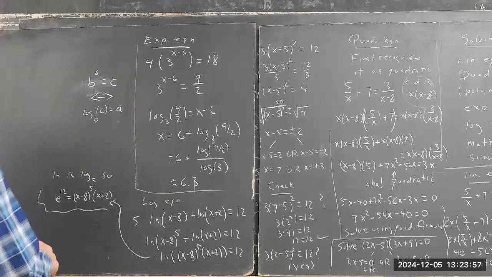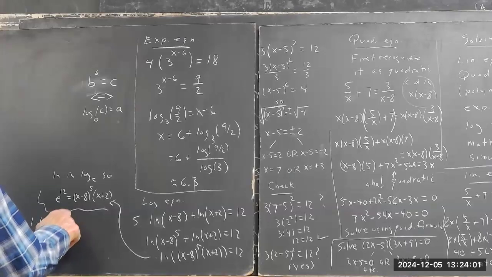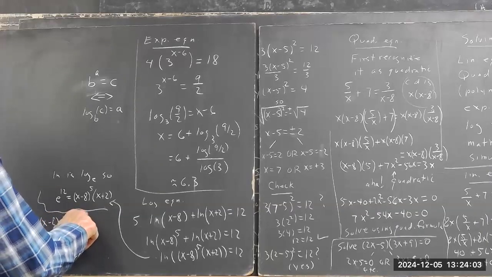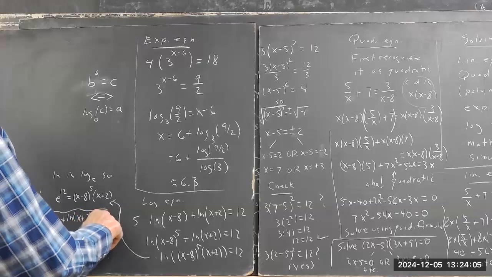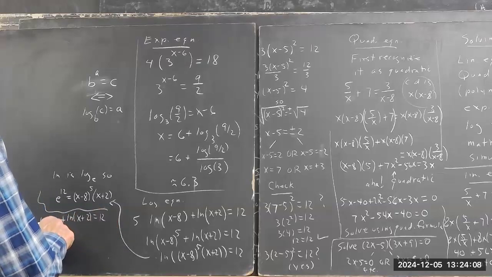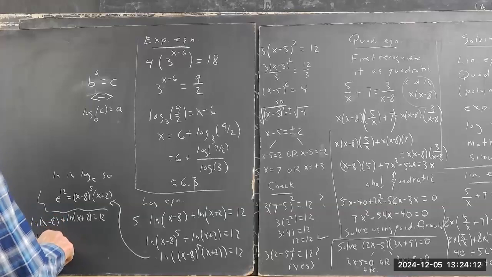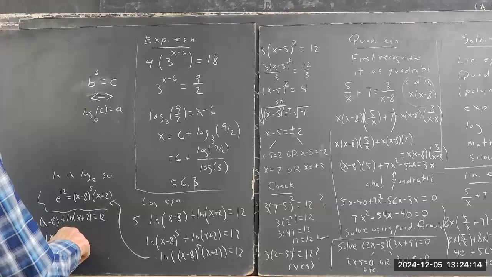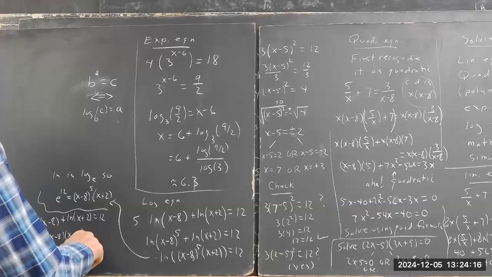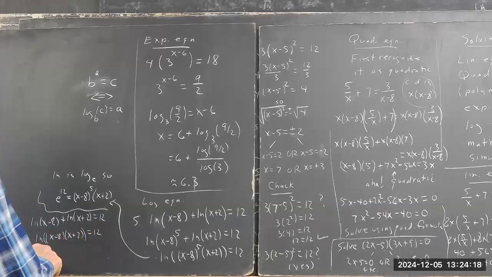Okay. If the equation was just natural log of x minus 8 plus the natural log of x plus 2 equals 12, you'd have natural log of x minus 8 times x plus 2 equals 12.